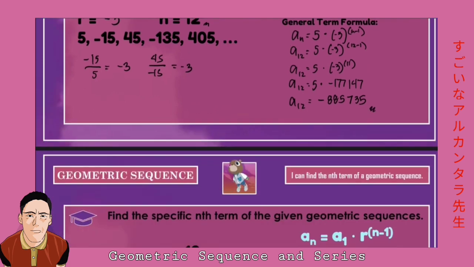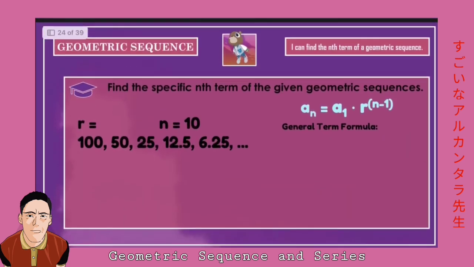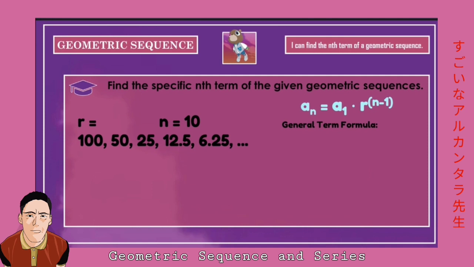Next, let's have the third one. We already established this earlier. The ratio here is 1 half or 0.5. I'll use 0.5 here because I'm not using a scientific calculator. I'm so sorry, I'm using my phone. So the general term formula is a sub n is equal to the first term, 100, times 0.5 raised to n minus 1.